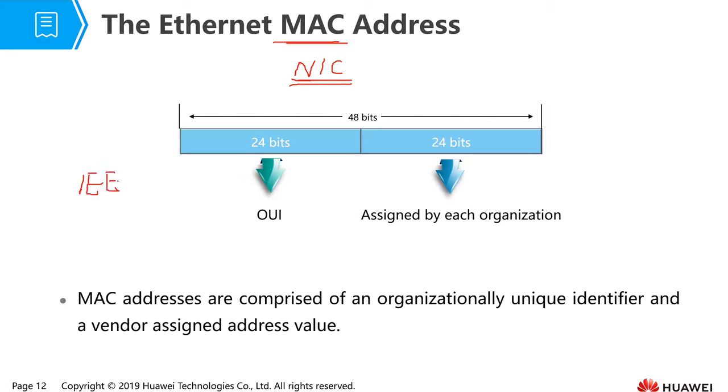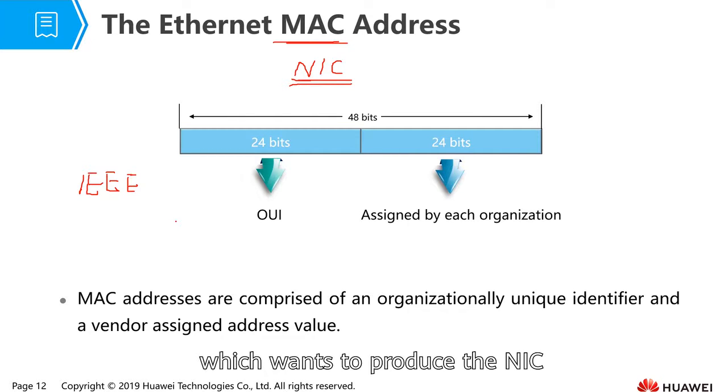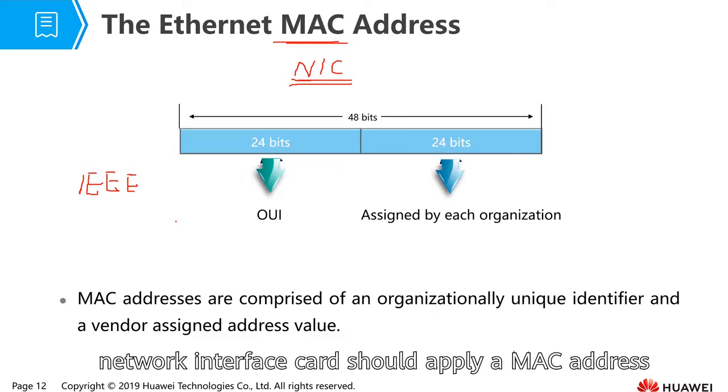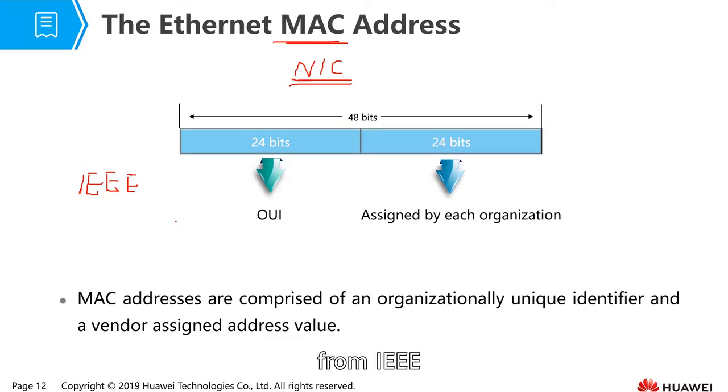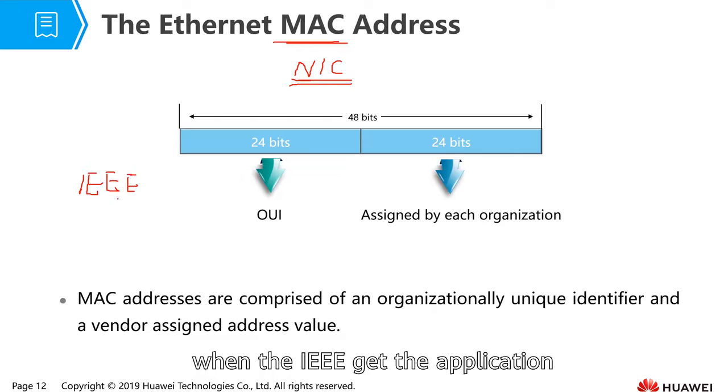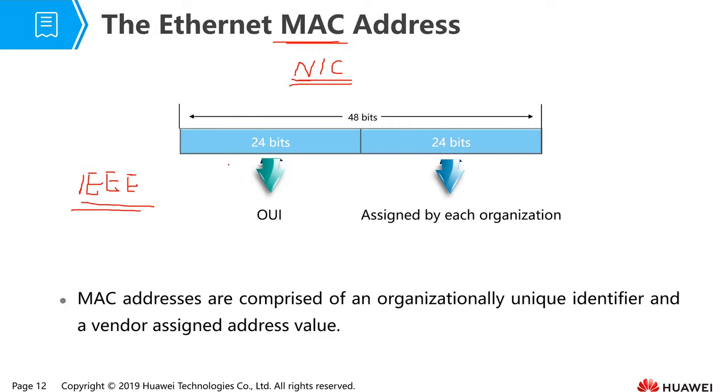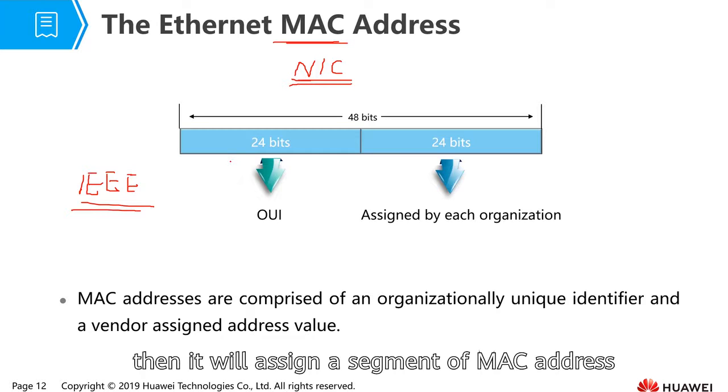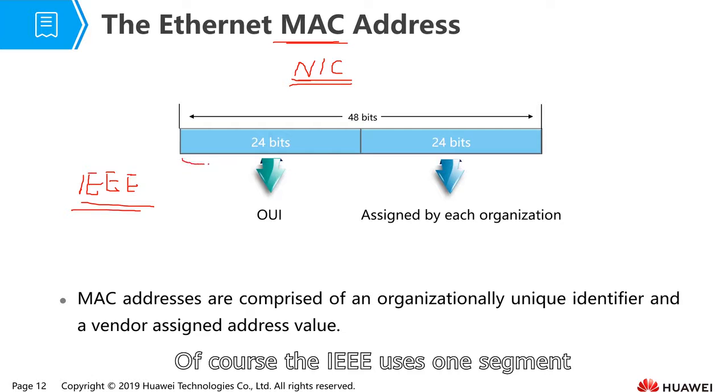Each manufacturer that wants to produce network interface cards should apply for a MAC address segment from IEEE. When the IEEE gets the application, it will assign a segment of MAC addresses.